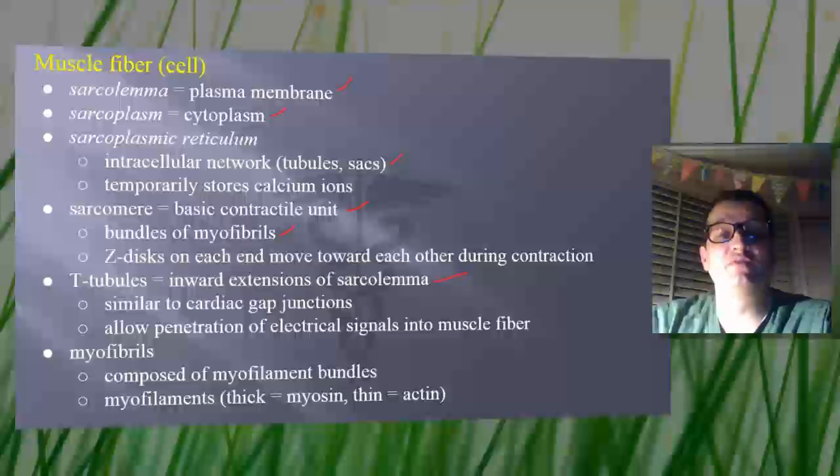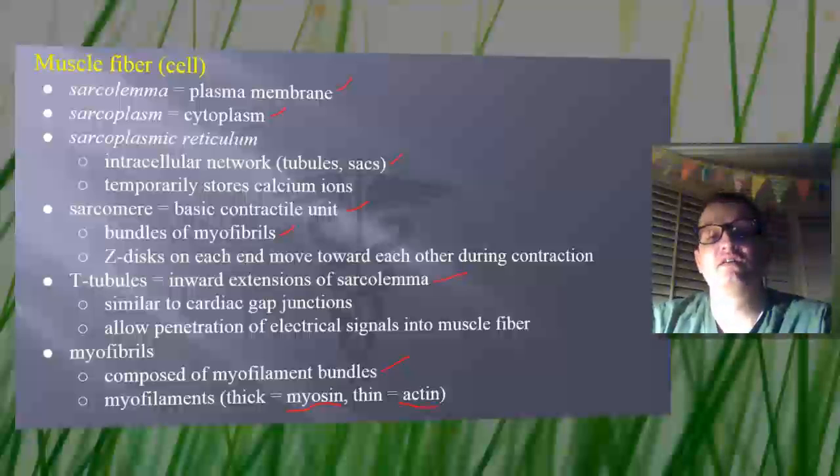And then myofibrils are composed of myofilament bundles, and myofilaments are myosin and actin. Myosin is the thick protein strand, and actin is the thin protein strand. It's important to remember that myosin stays stationary and actin slides back and forth over myosin.